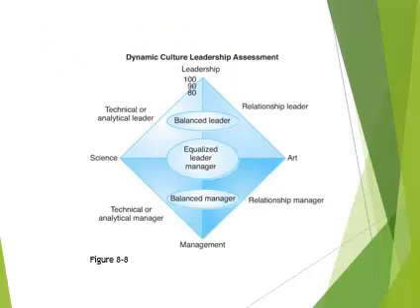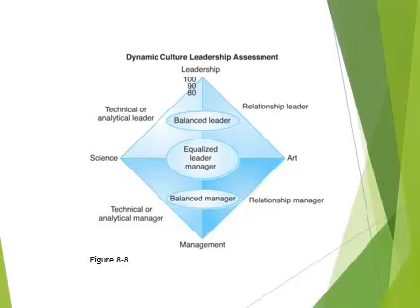And so they talk about individuals who have high leadership and high management skills, and those who look at the science of leadership versus the art of leadership. Those who have high technical skills, high leadership, and use relationships are a balanced leader. Those who are relationship managers and technical or analytical managers are a balanced manager.